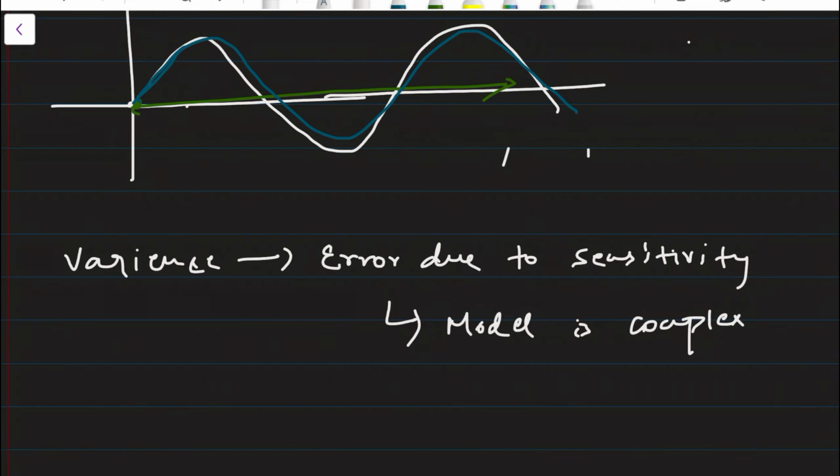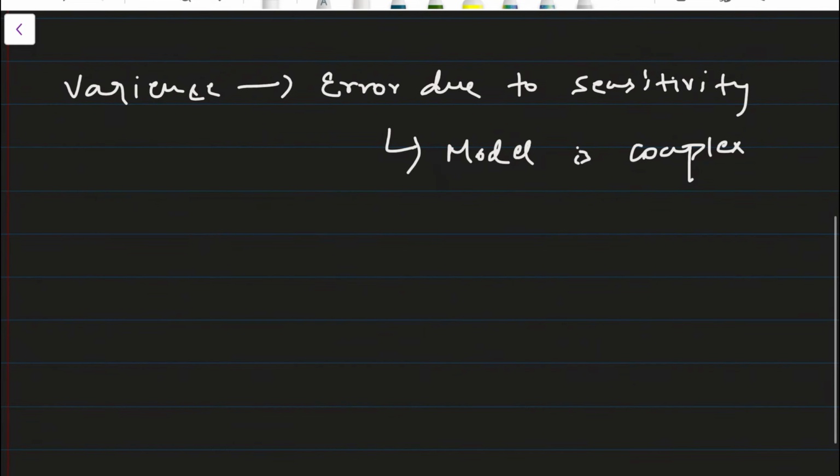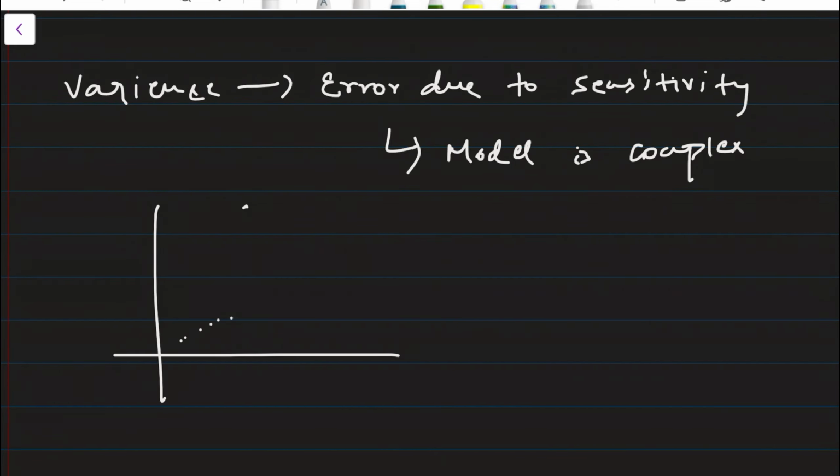As we discussed in earlier videos, if you have data points like this, and the model is very complex, it tries to capture the entire data. Because of this the error increases. This is known as variance.